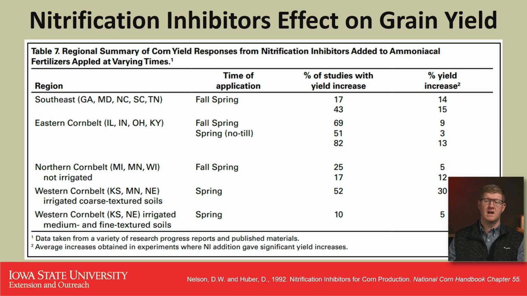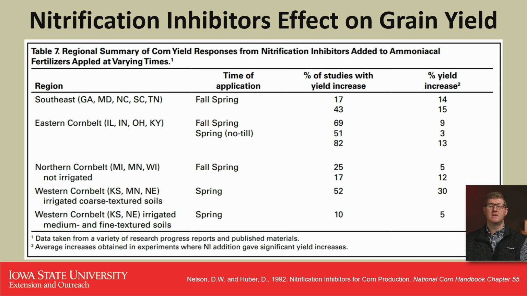Now let's look at the effect on corn grain yield. This table is from a book called the National Corn Handbook. It was published back in 1992, so the data probably is a bit outdated, but what they did was they went throughout these different regions and looked at all of the published research that had been done using inhibitors.